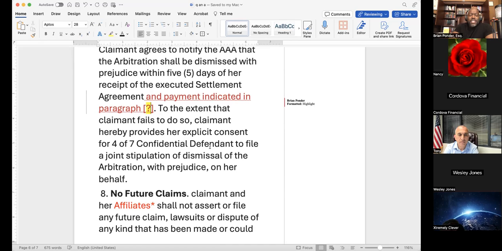To the extent the claimant fails to do so, claimant hereby provides her explicit consent, for 4 of 7. Oh, hell no. Wait, let me see. Claimant provides consent to file a joint stipulation on her behalf.